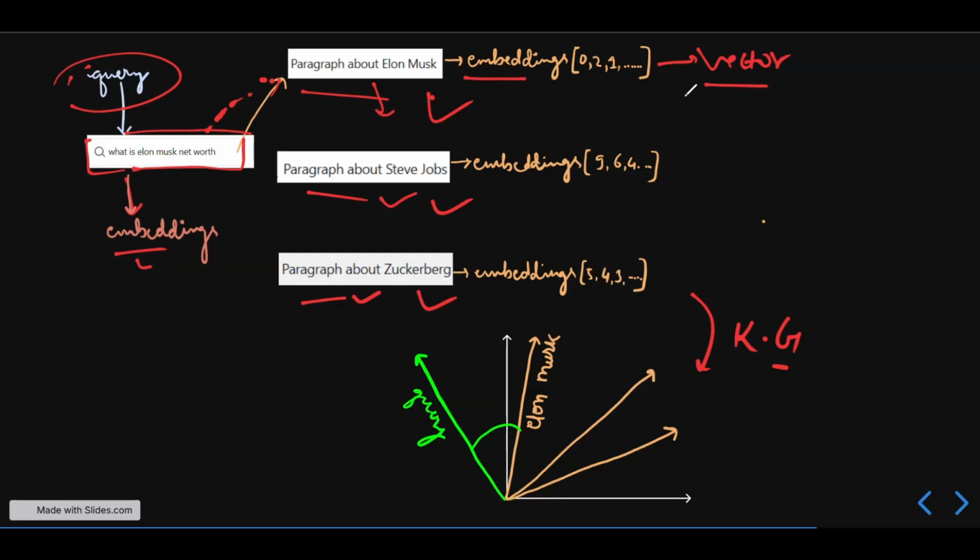The first vector is for the Elon Musk paragraph, the second is for Steve Jobs, and the third is for Zuckerberg. Our query is also converted into a vector. Then we see which vector is closest to our query, and based on that, we give our results.